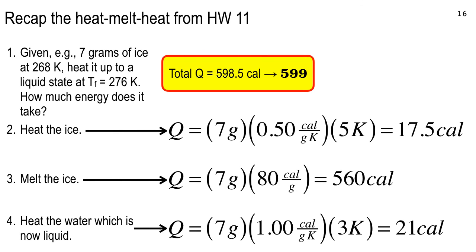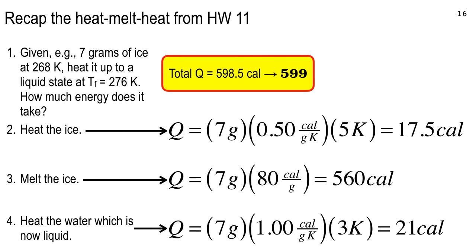So let me give you a couple tips that you can write down. In a heat, melt, heat problem, you're working with a heating situation and then another heating situation. So the specific heats are going to be different, potentially. In this case, 0.5 and 1.0. We're never going to do a heat, melt, heat problem where the mass changes. We're going to be doing this inside of an enclosed container, so the mass will be the same.